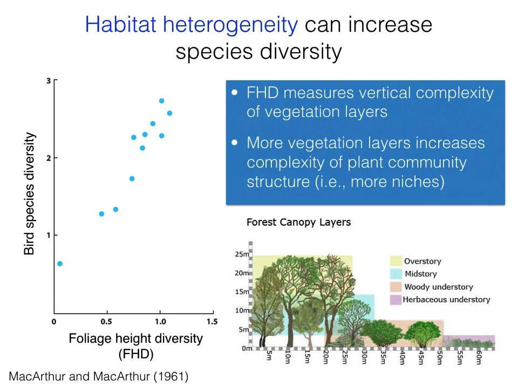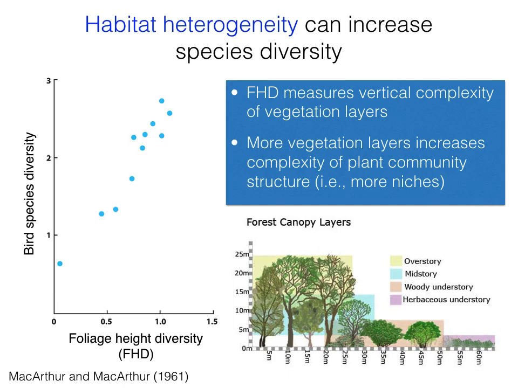which increases the complexity of the plant community in terms of its structure, that is, providing more potential available niches for other species, there was a significantly positive influence of this foliage height diversity on bird species diversity. The same relationship holds for birds over quite a wide range of habitats in North America and on other continents as well.